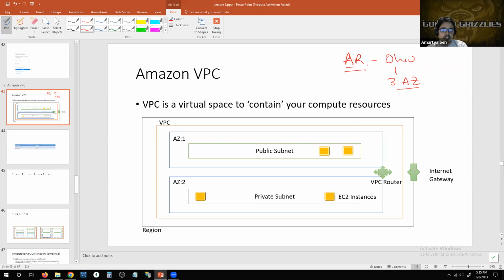And then within each availability region, for every availability zone that is present, a default public subnet, or public subnetwork, subnet is the short form, is created for you. So in this example, the Ohio region has 3 availability zones, right?